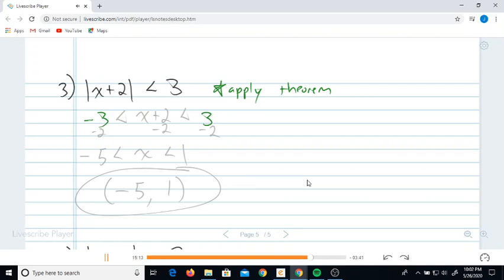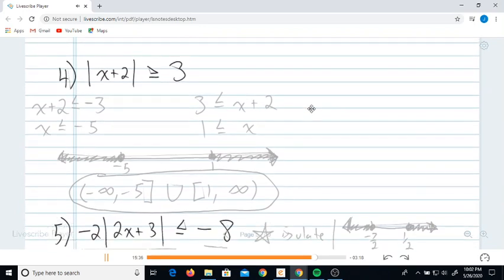Well, distance is less than 3 units away. That means it's in between. Right? If some unknown value is less than 3 units from 0, well then it's going to be bounded. So then we get a nice compound inequality that's pretty quick to solve. So x is in between -5 and 1. So there's our solution set, all parentheses.